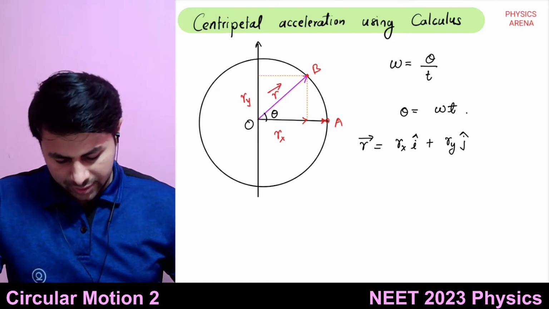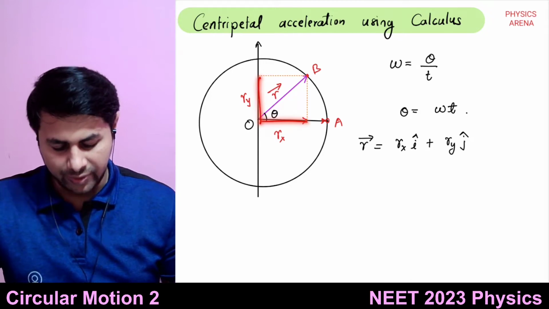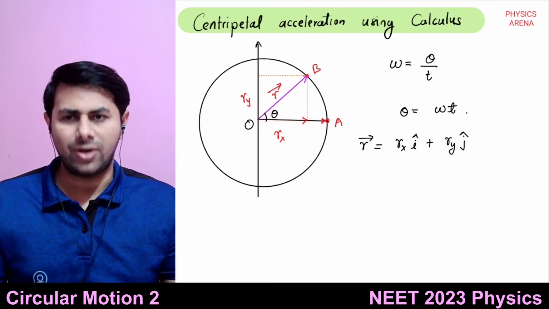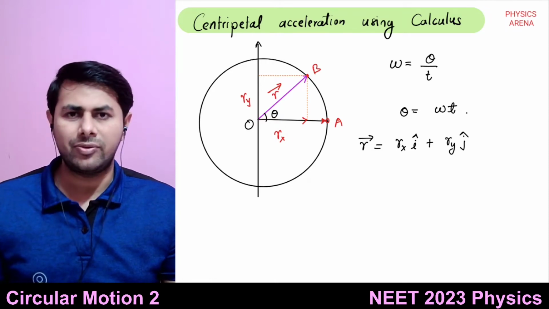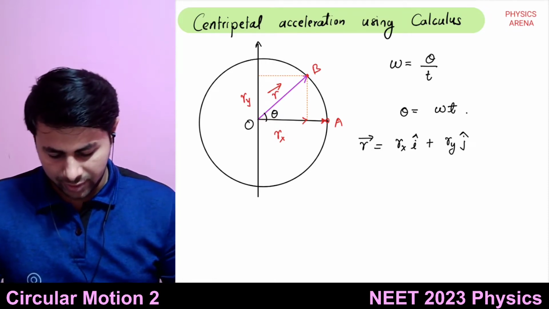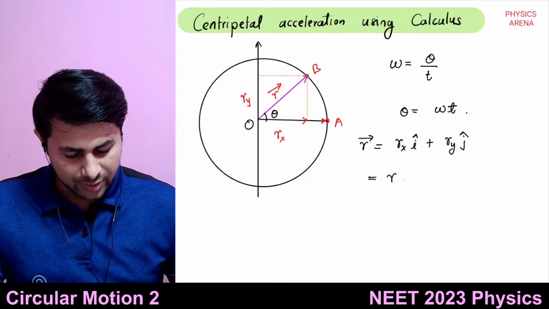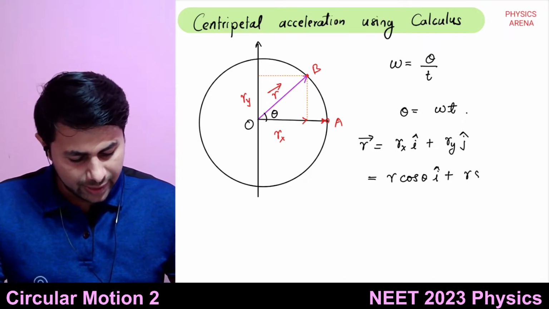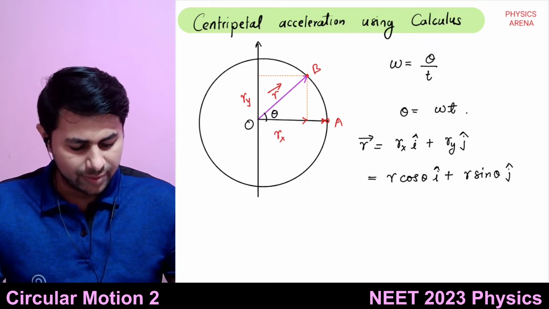And how can I write Rx and Ry in terms of R? So Rx will be R cos theta and Ry will be equal to what? R sin theta.